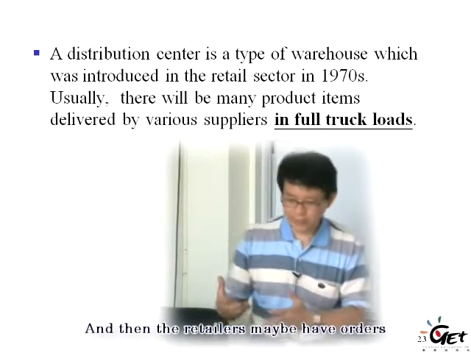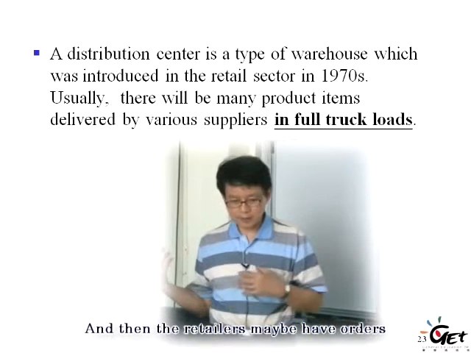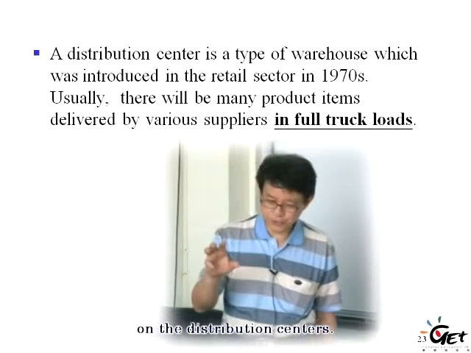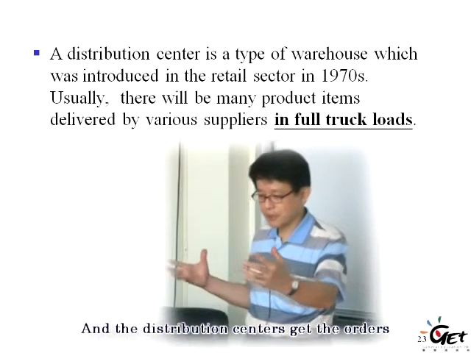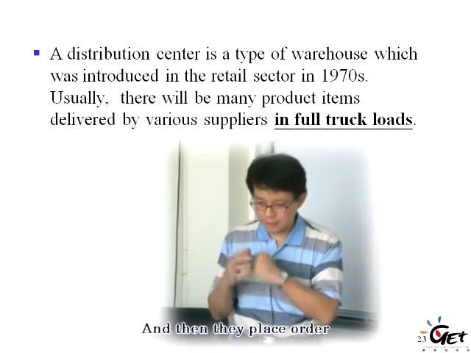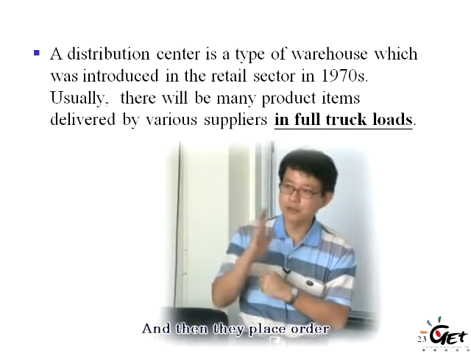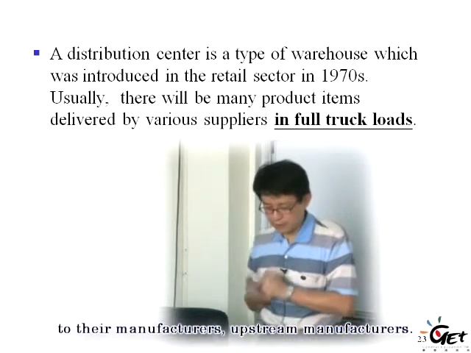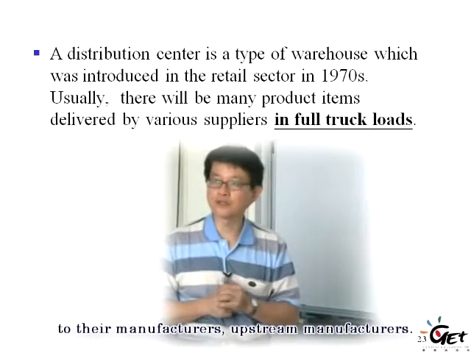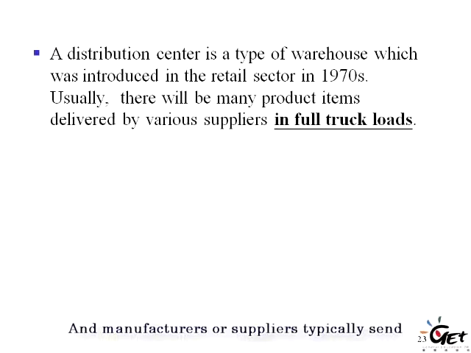Later on, the retailers place orders with the distribution centers, and the distribution centers aggregate all the orders from different retailers and place orders with their upstream manufacturers. And the manufacturers or suppliers typically send those ordered product items in full truckloads.